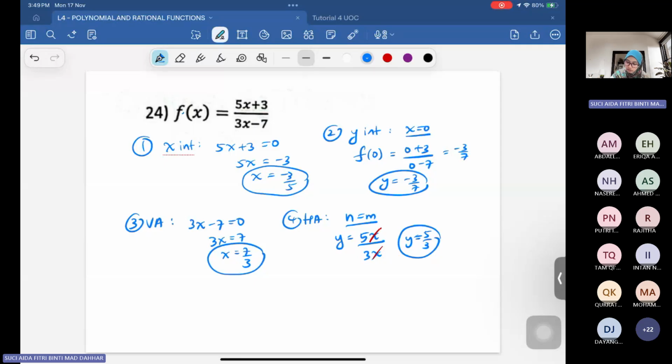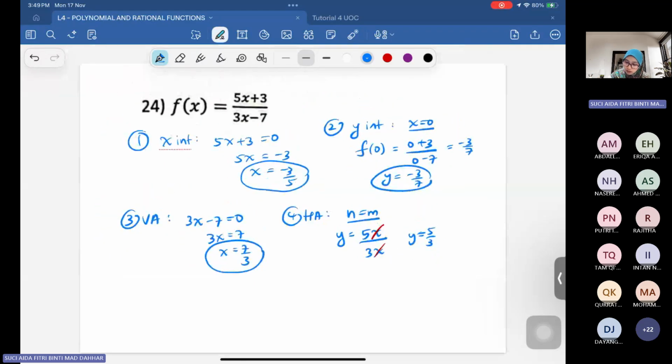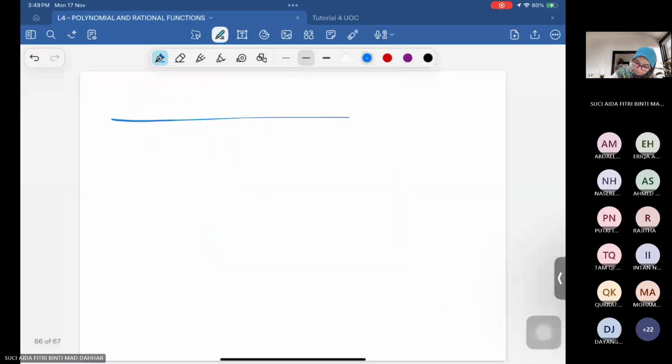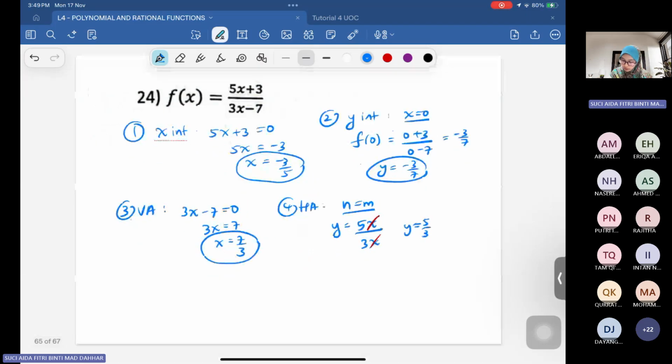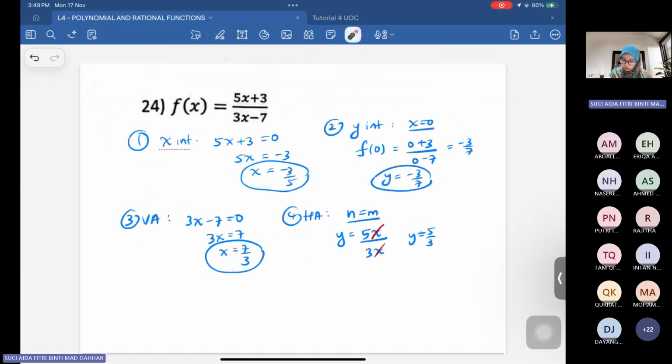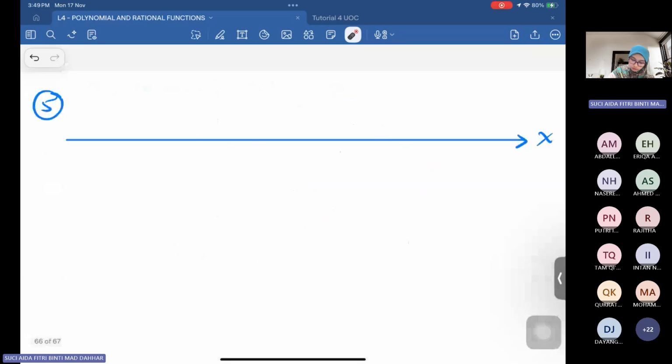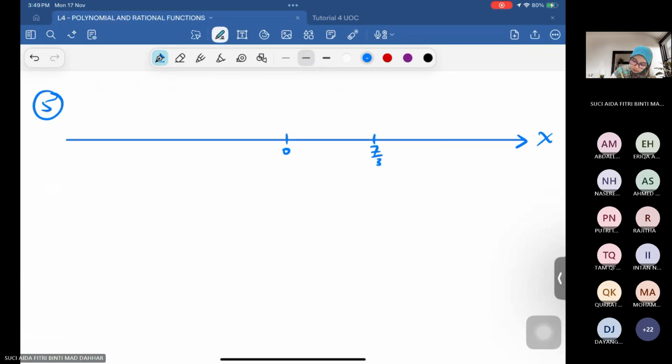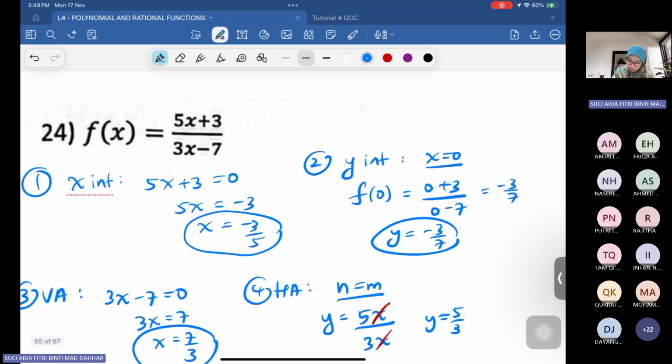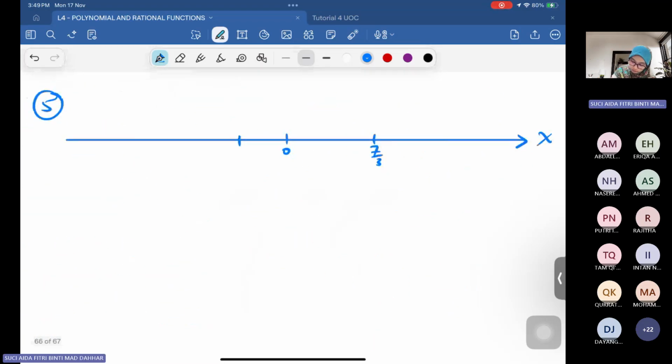Okay, now step number 5, I need the number line. How many parts should we divide our number line into? So we have one vertical asymptote and we have one intercept. So I'm going to divide them into 0, the 7/3, and our zero was at -3/5.